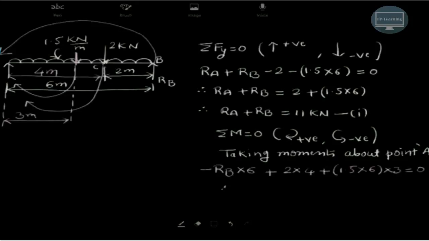So that will be equal to 0, and therefore we can say that 2 into 4 plus 1.5 into 6 into 3 will be equal to RB into 6.